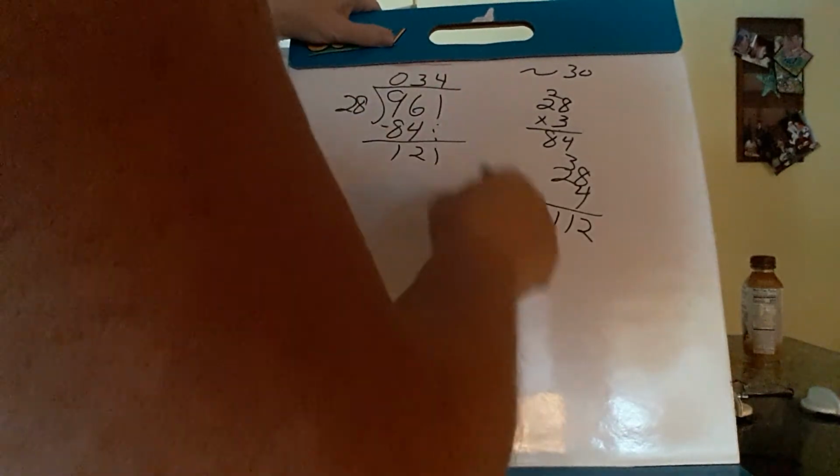Okay, let's put the 4 there. 28 times 4, we said it was 112. Okay, so we have a remainder of 9.